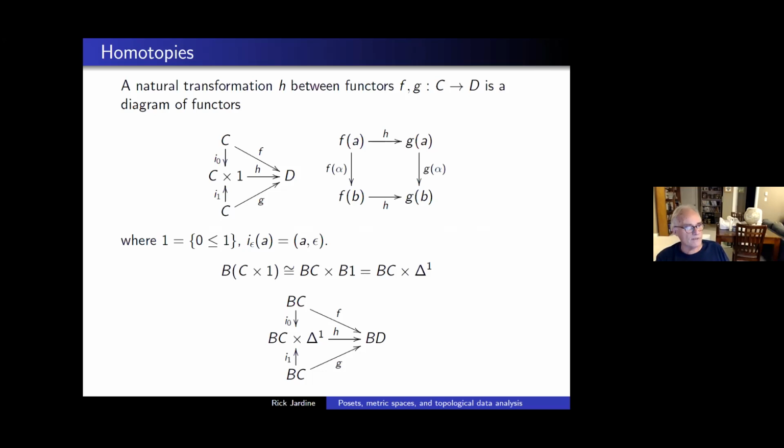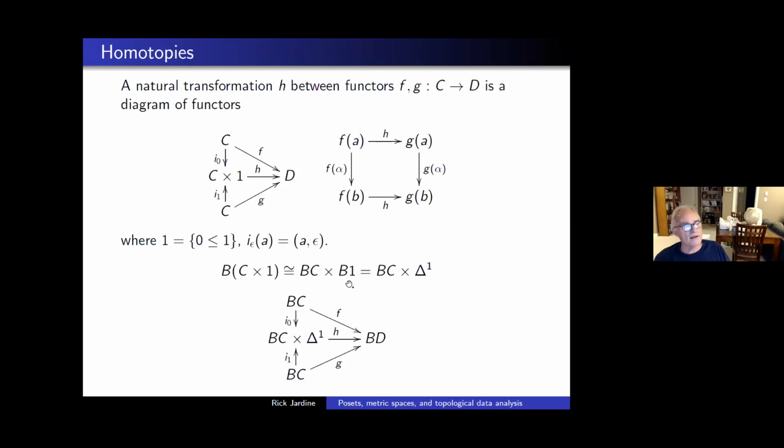When you apply the nerve construction to it, you get a corresponding commutative diagram of simplicial sets. And since the nerve preserves products, the nerve of C cross the ordinal number 1 is isomorphic to the nerve of C cross the nerve of 1, which is the nerve of C cross the standard 1-simplex.